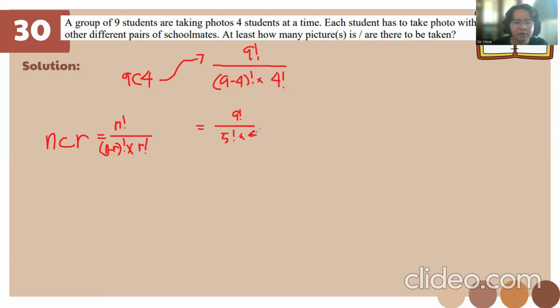4 factorial. Okay? Then it's going to become like this.